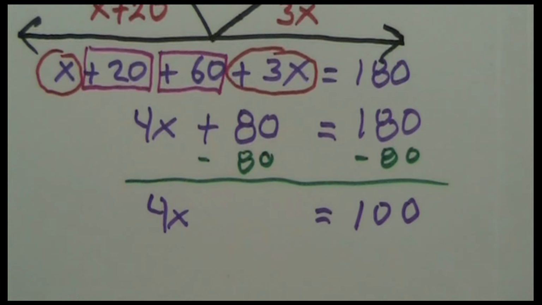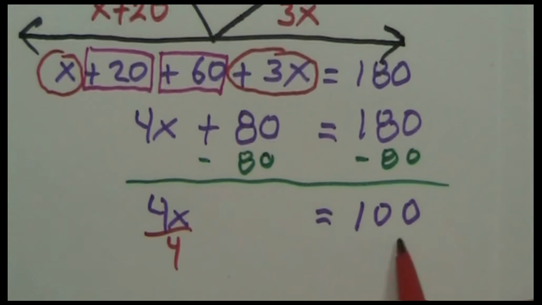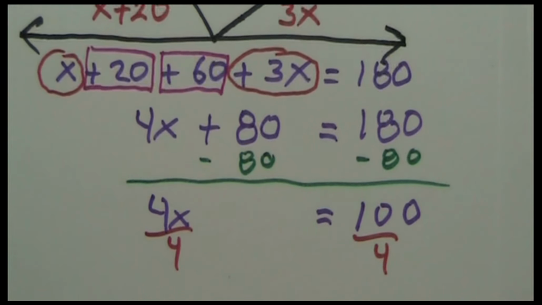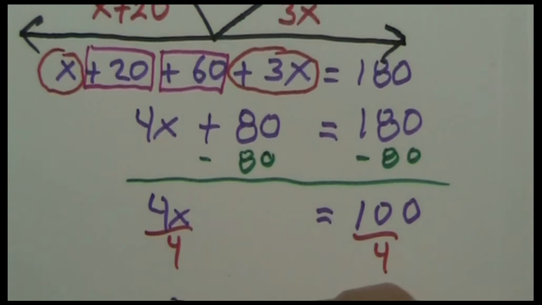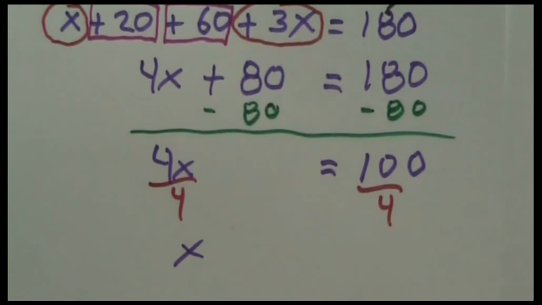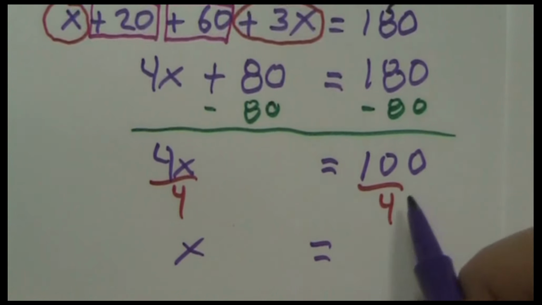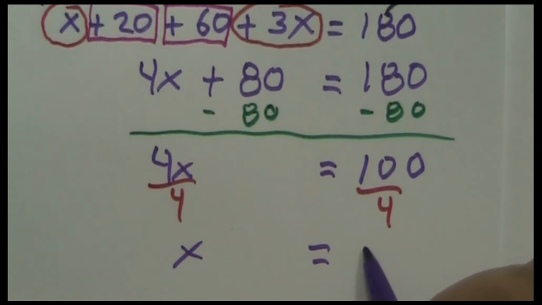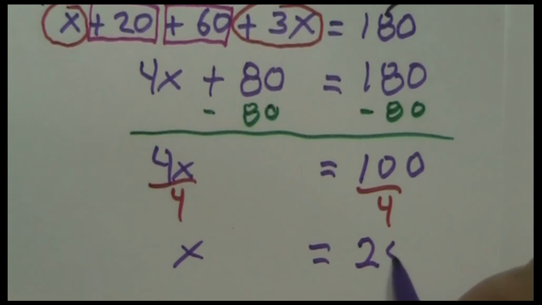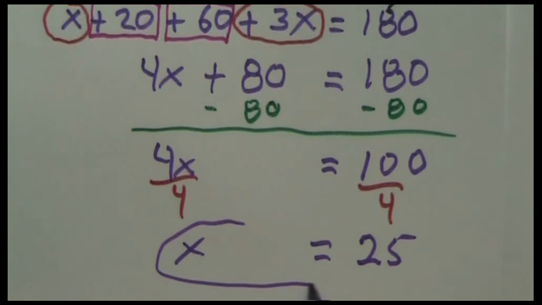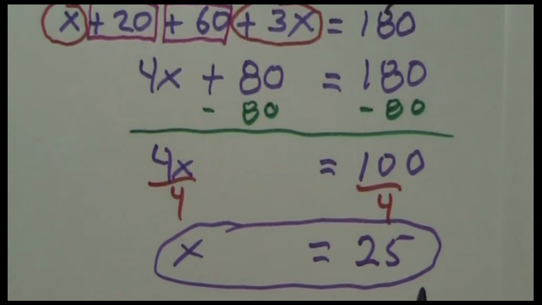So if you're running out of room, just go ahead and put that down. But if I divide by 4, you're going to have x equals, 4 goes into 100 25 times. So the answer is 25.